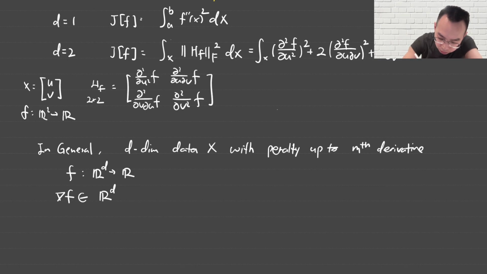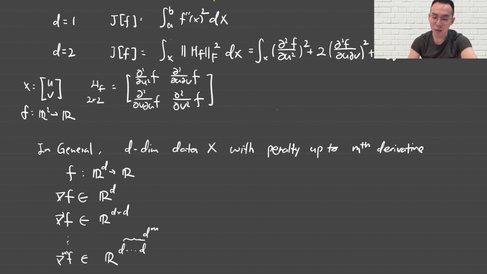And then the second derivative, that's going to be the Hessian, a d by d matrix. And then if we do the m-th derivative, that's going to give us R to the d to the m. This is d to the m.